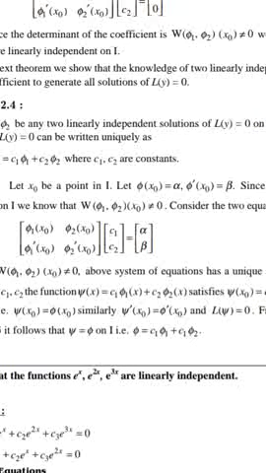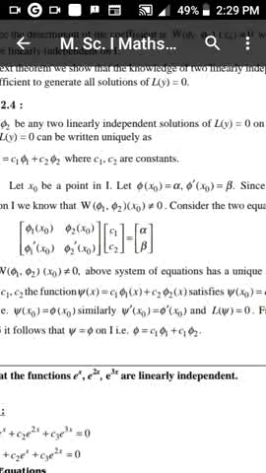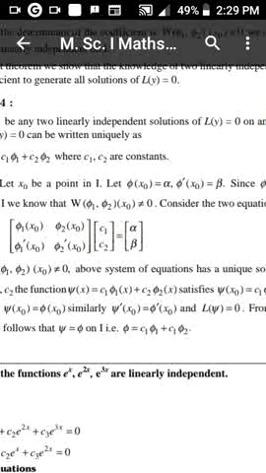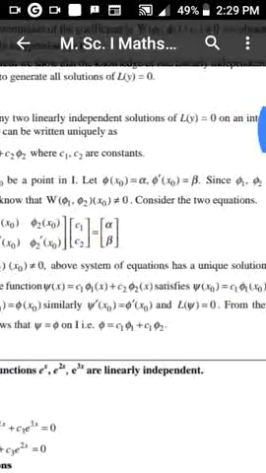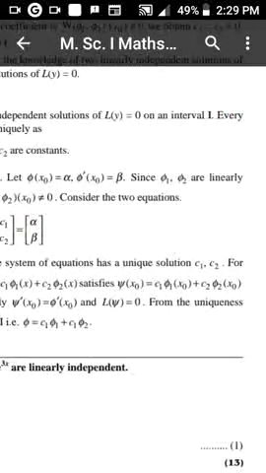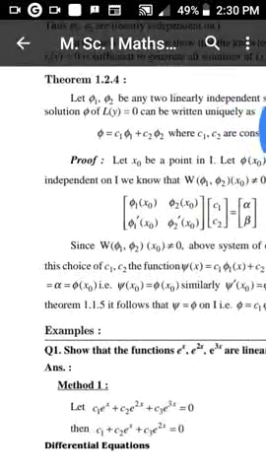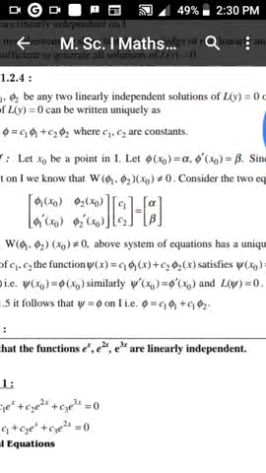Let x naught be a point in I. Let phi of x naught be equal to alpha, and phi dash of x naught equal to beta. Since phi1 and phi2 are linearly independent on I, we know that W of phi1, phi2 of x naught is not equal to 0.